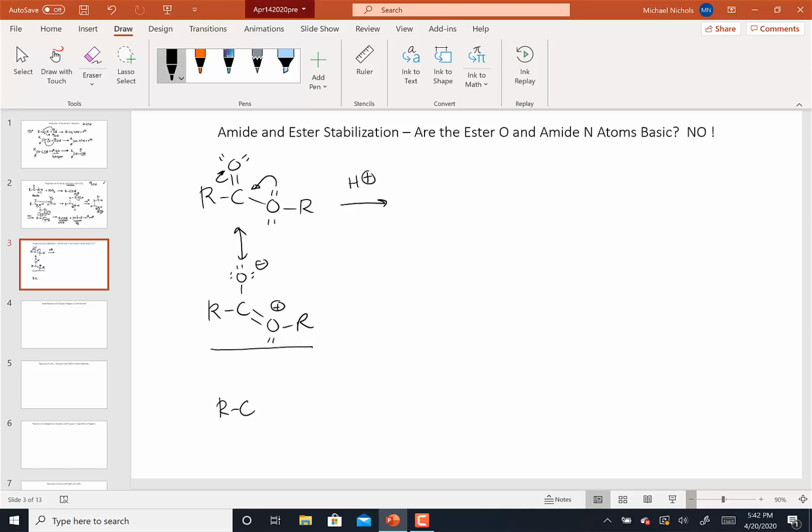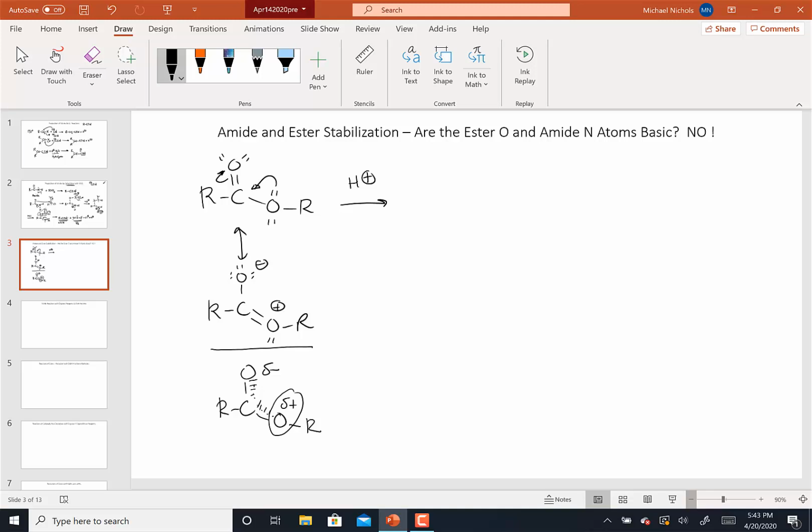Now remember that the resonance hybrid is the weighted average of those two, and if this second resonance structure is formed at all, even though it's not greatly stable, what I'm going to end up doing is forming a partial double bond from the carbonyl oxygen to the other oxygen, and a delta minus charge on the oxygen of the carbonyl, and a delta positive charge on the ester oxygen that came from the alcohol. And so even if this has the slightest bit of positive charge, the H plus cannot add to it.